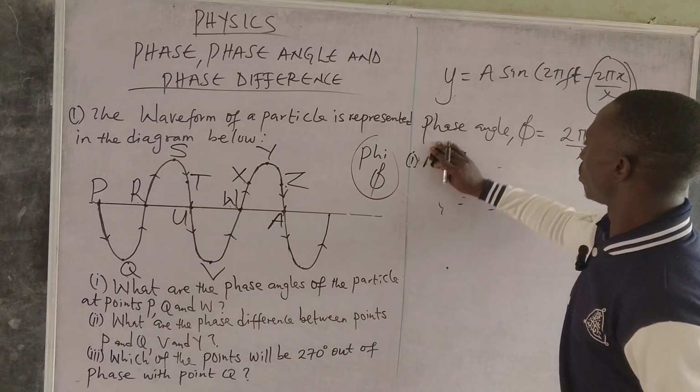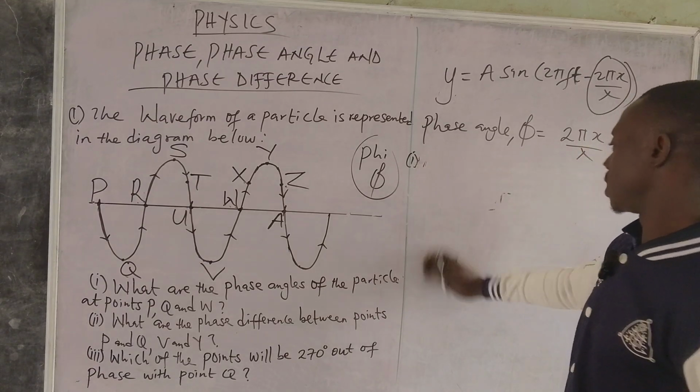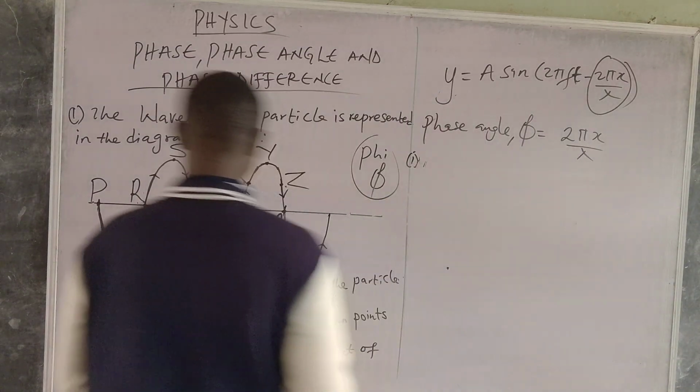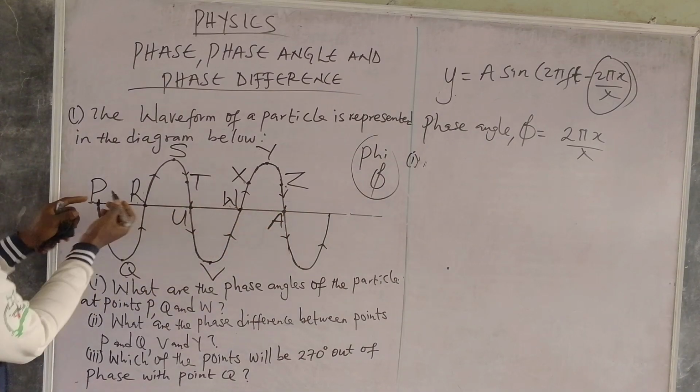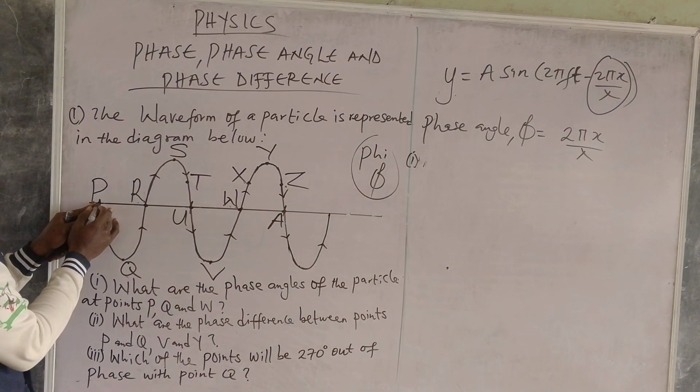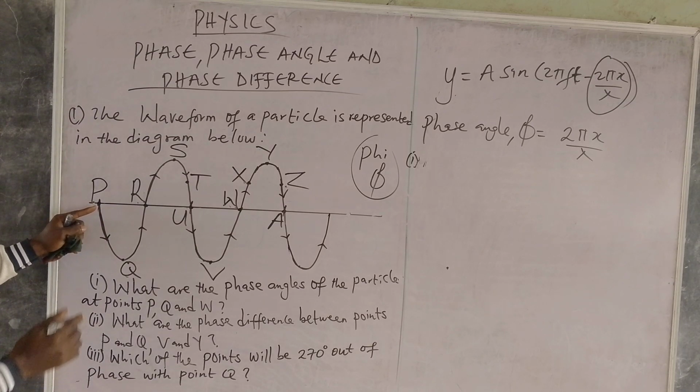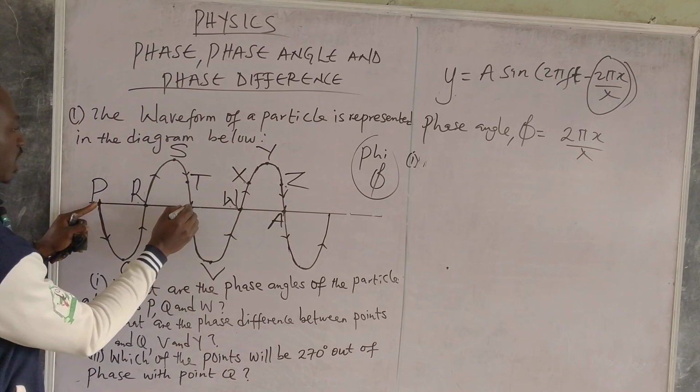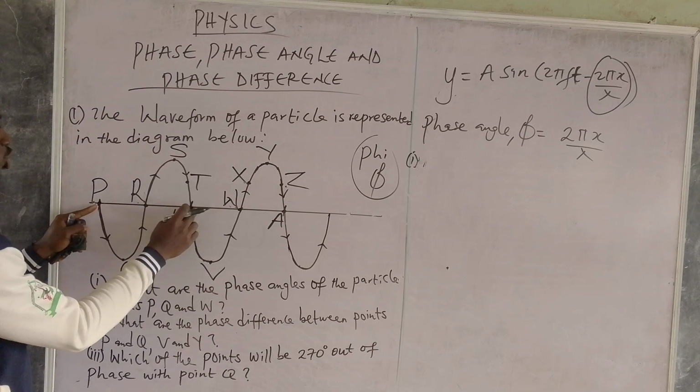All right? What of at point Q? Now, at point Q, we have to count how many wavelengths we have from the origin, which is from point P. All right? Now, from P to U is one wavelength.